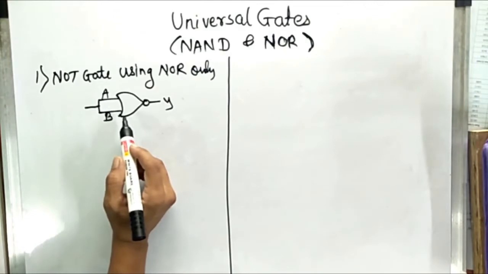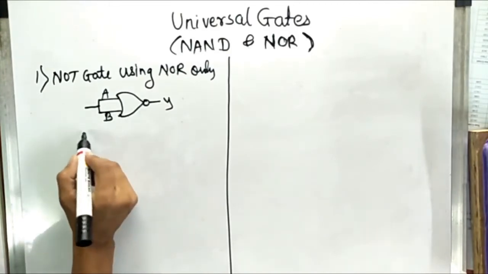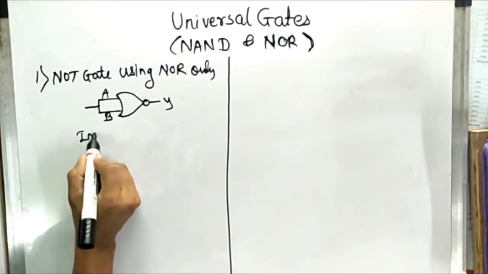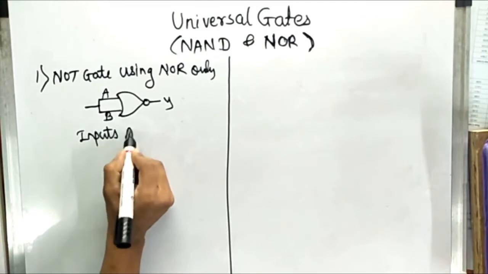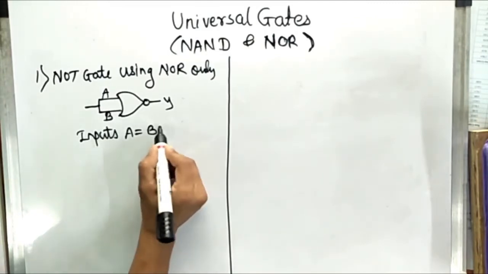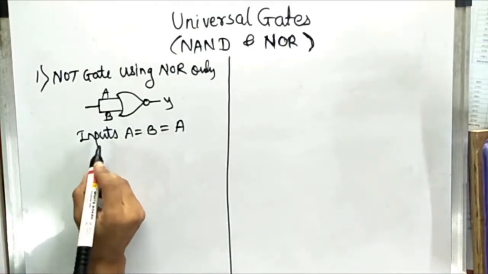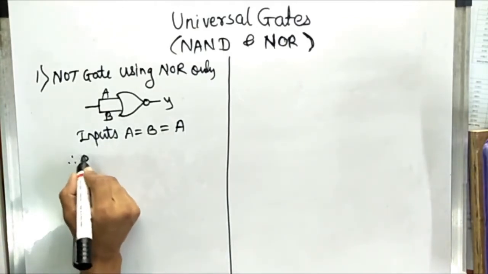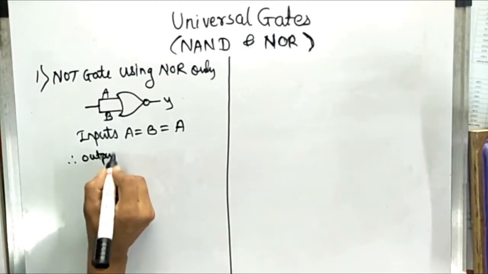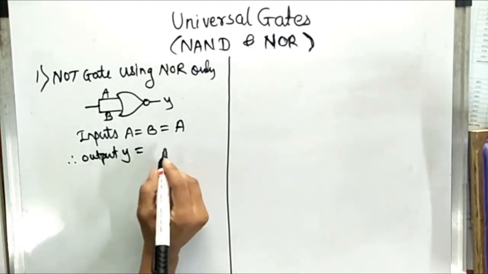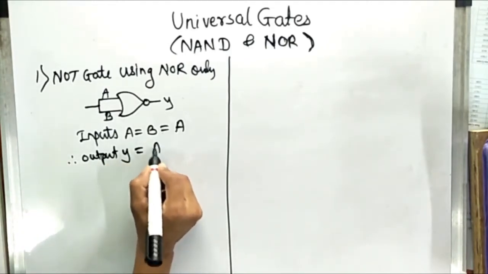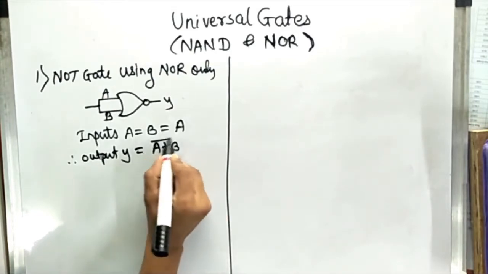According to this figure, if we connect the two inputs of a NOR gate, we can say that inputs A equal to B, that is nothing but only A. So the output Y is equal to A or B complement.